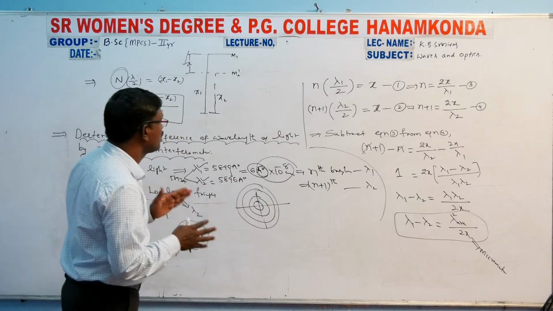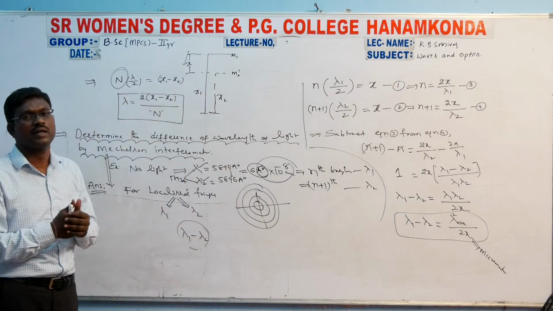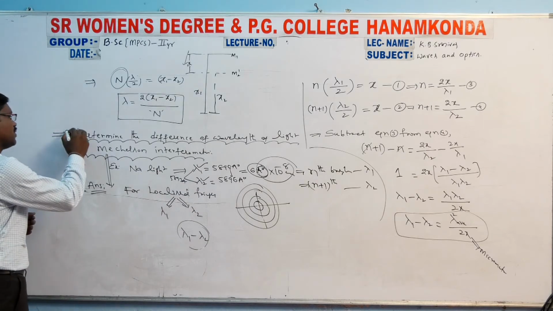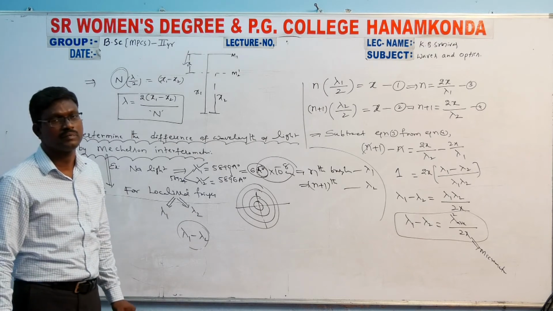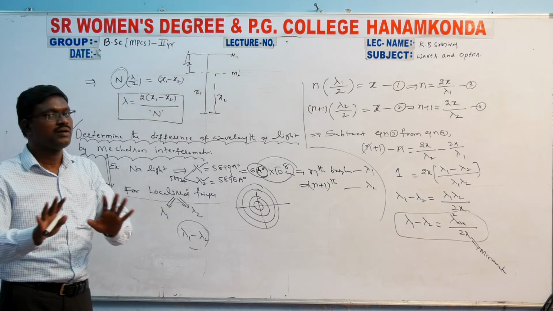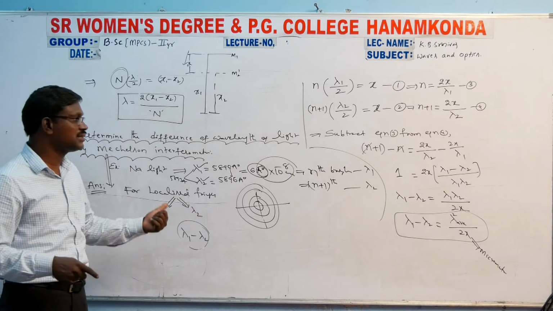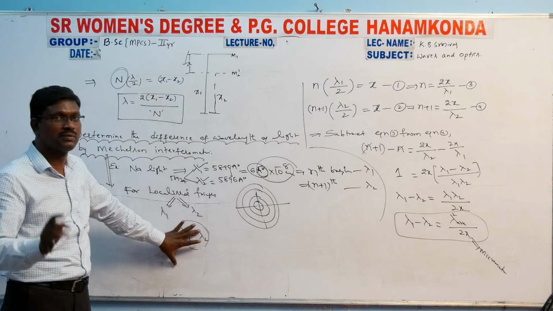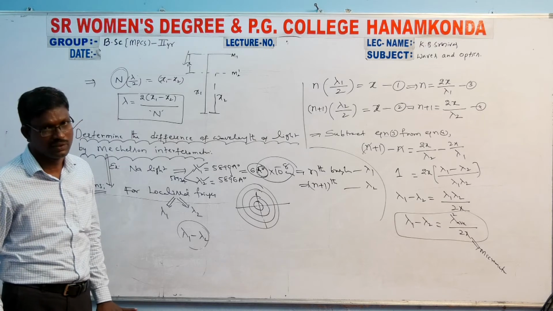In this way, we can find the difference between the two wavelengths of the light by using the Michelson interferometer. This is also one of the important topics in Michelson interferometer. So construction and working is common for the previous class and this lecture. So they may attach this question or this question for that construction and working of Michelson interferometer.